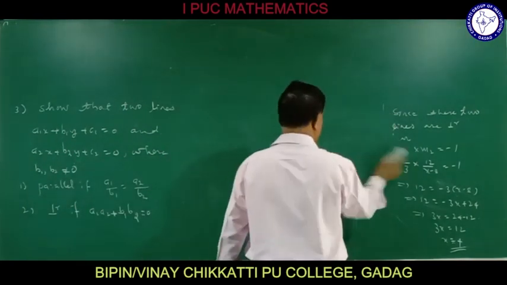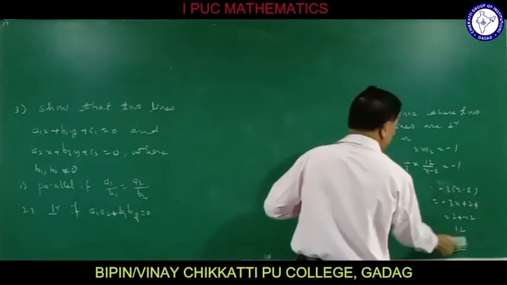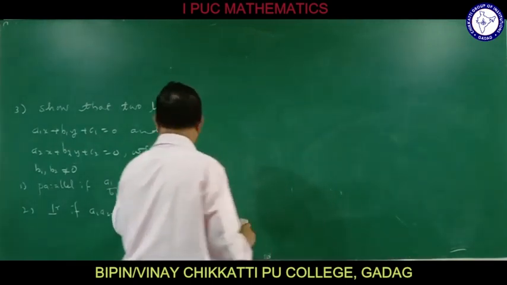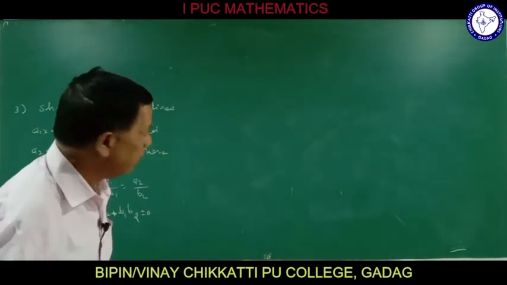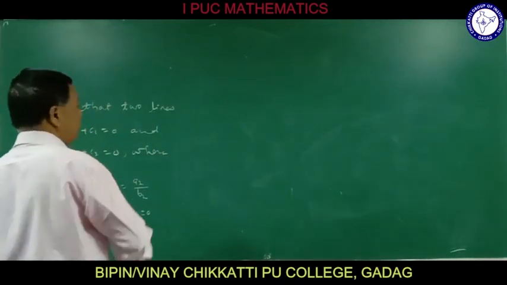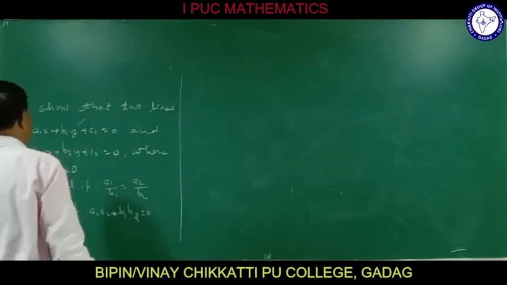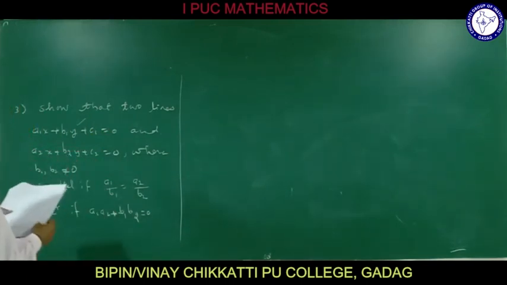So the given lines may be written according to our requirements. The two lines are a1x plus b1y plus c1 equal to 0, a2x plus b2y plus c2 equal to 0.